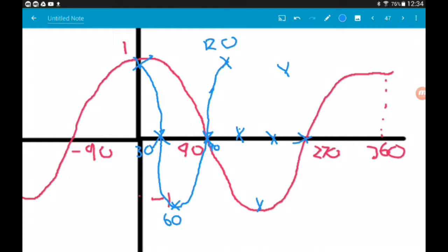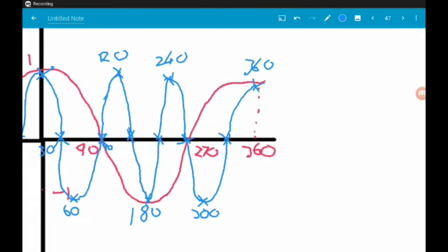Next thing, trough, 300. Next thing, x-intercept, 330. And then lastly, a peak at 360. So, if we join all of those up, that's going to give us our graph in the positive part of the x-axis.